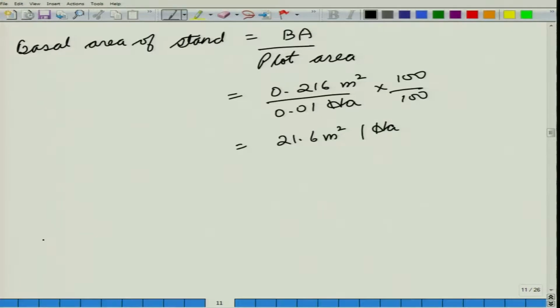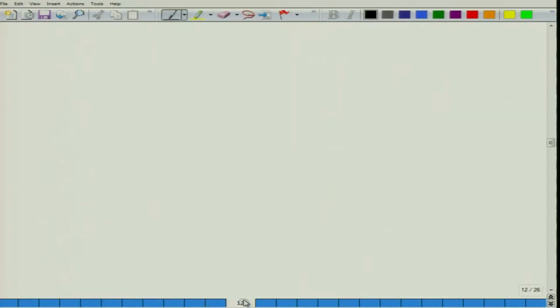Now to sum up, we can say that the basal area of a tree is given in square meters and it is pi r square or pi by 4 d square.